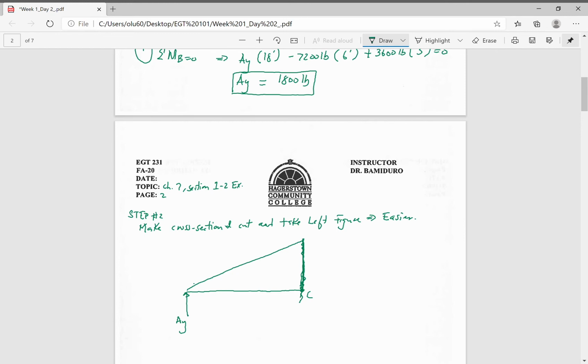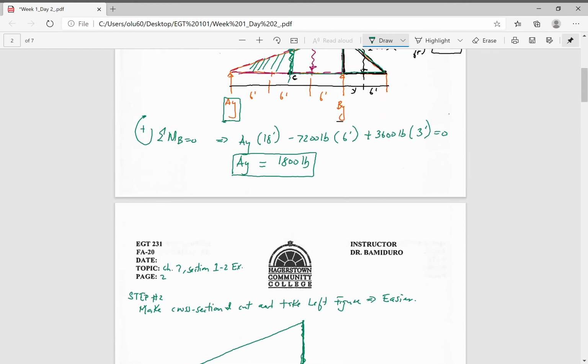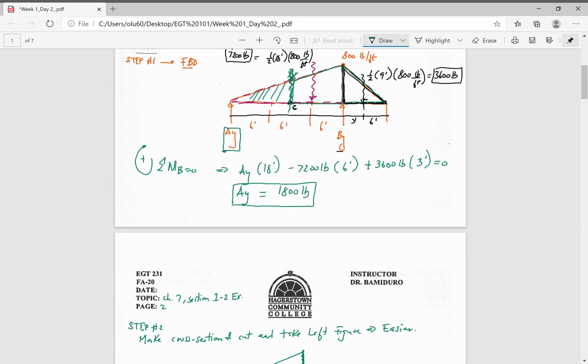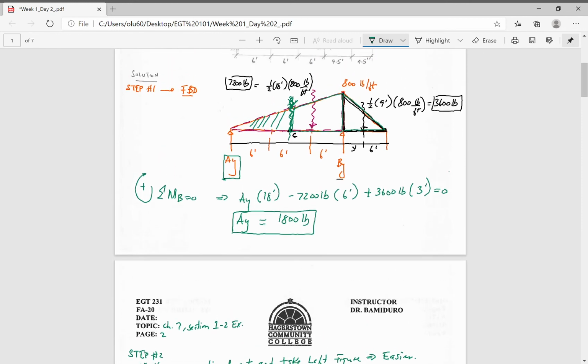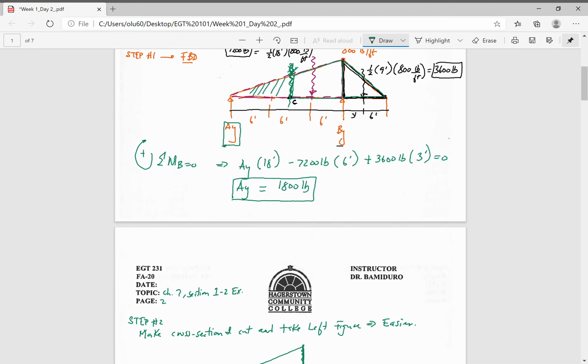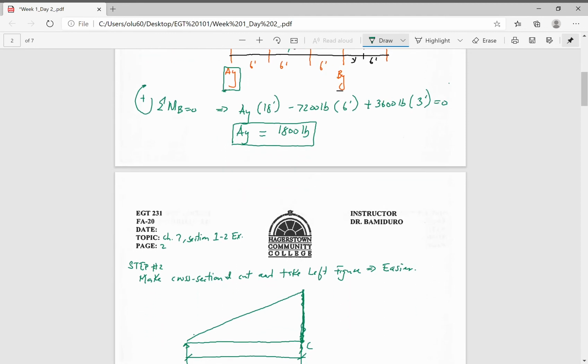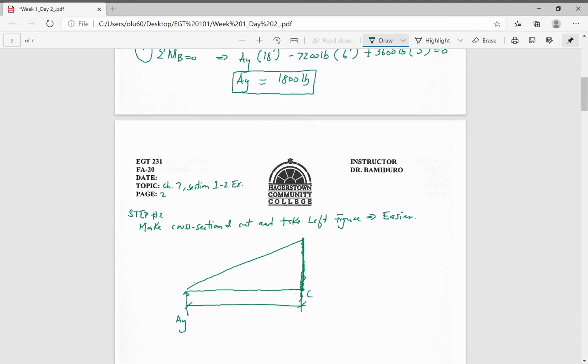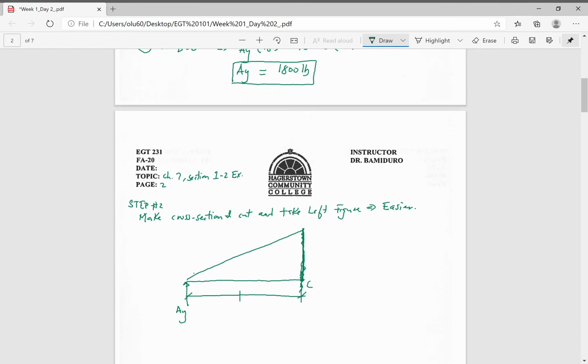And we are going over a span of 6 by 6. So it's going to be like this: 6 feet, 6 feet.